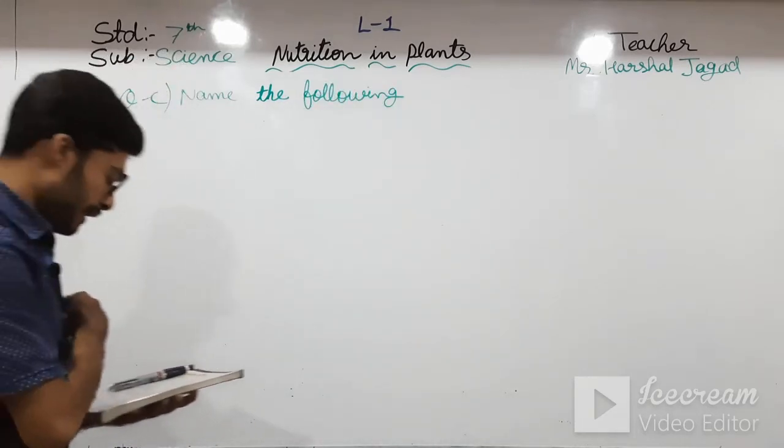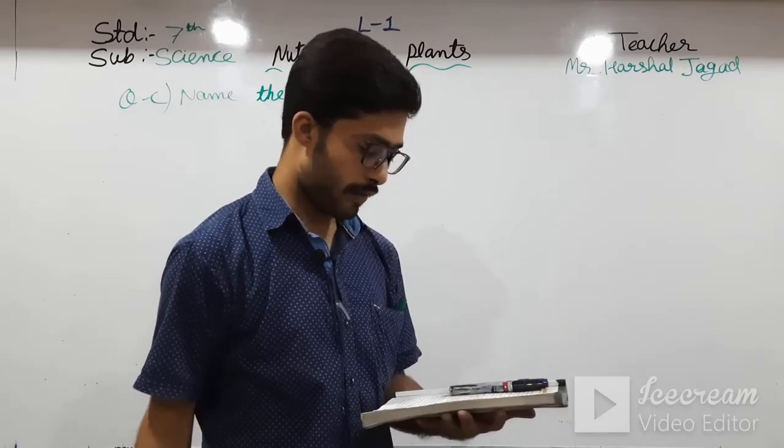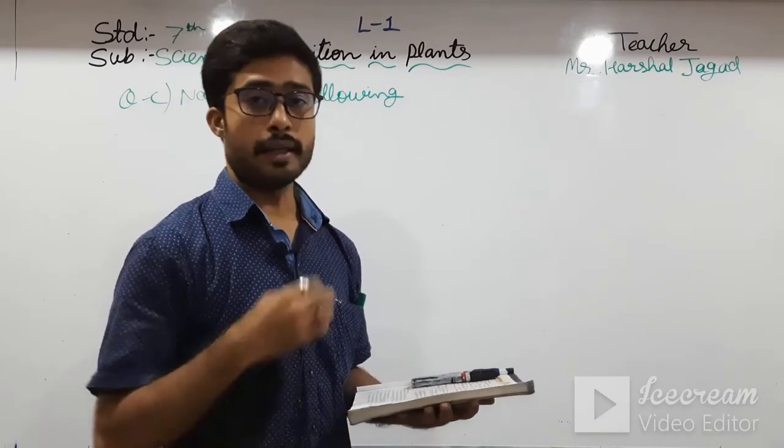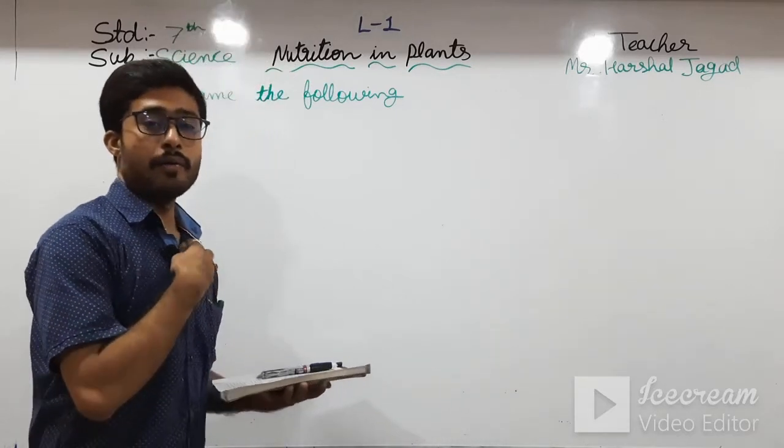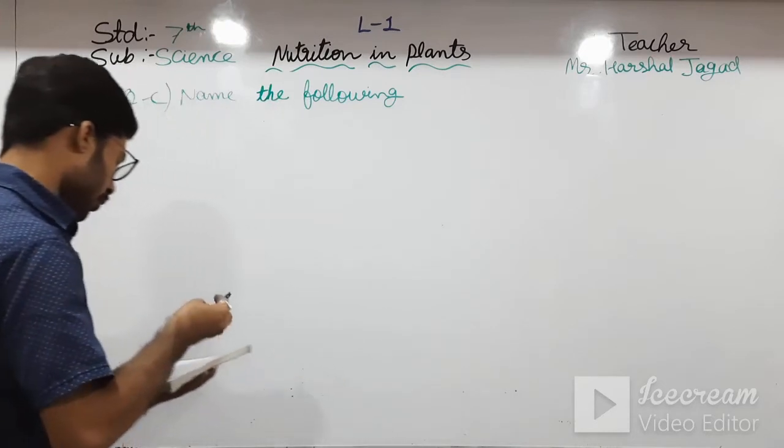In that, the first one: organisms that are able to make their food on their own. The organisms which make their food by their own are known as autotrophs.